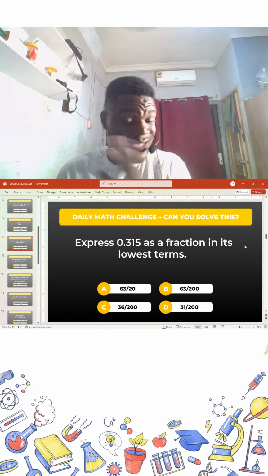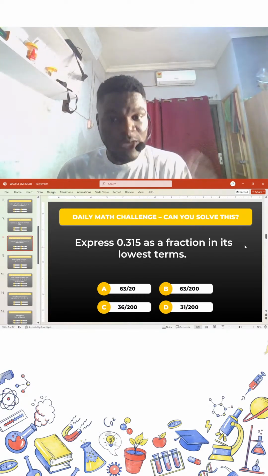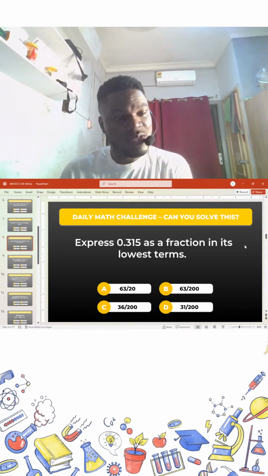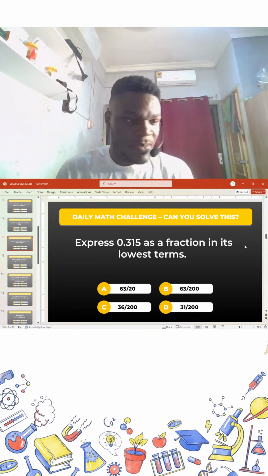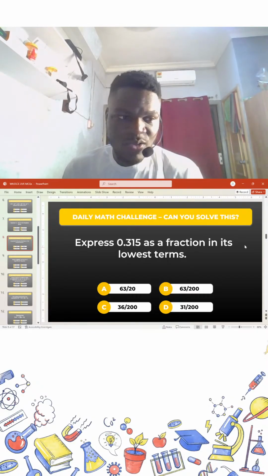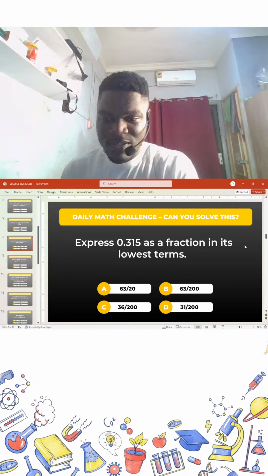So that is my answer, option B. Assuming option B was not your answer, then you move on to the next one, 36 on 200, and then the next one as well, which is 31 on 200. The one that gives you that decimal becomes your answer. Are we okay? So it's very simple, very straightforward for this particular question.